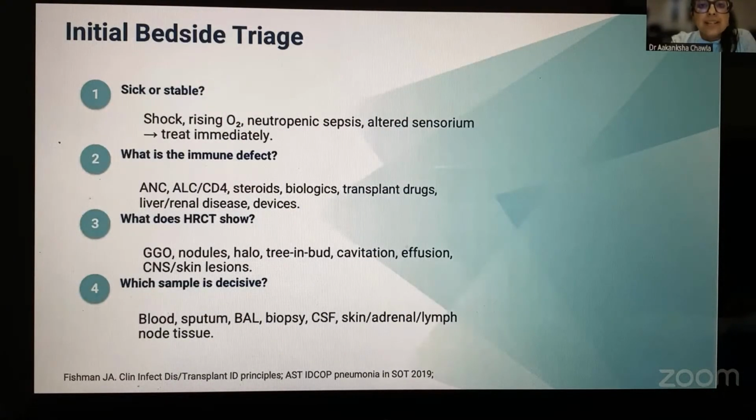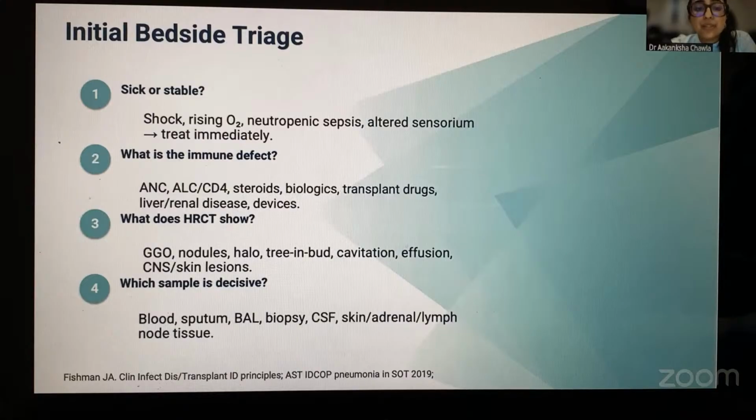Initial bedside triage would obviously involve first assessing the patient clinically, knowing whether the patient is stable or sick. Is he in septic shock? Is he hypoxemic? Is there neutropenic sepsis or altered sensorium? Any of these only tells you that the patient is unstable, critically ill and requires immediate treatment. Then what is the immune defect that you're dealing with?